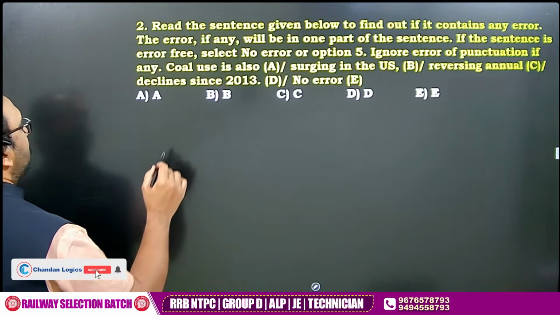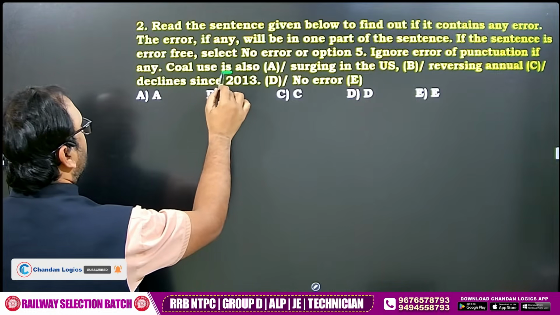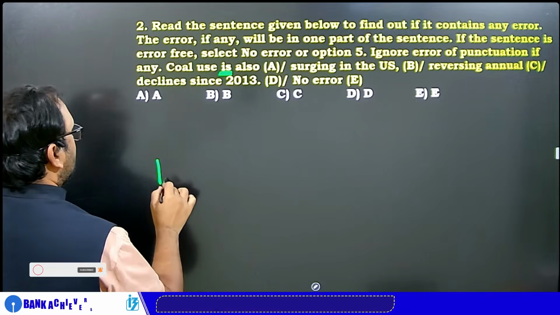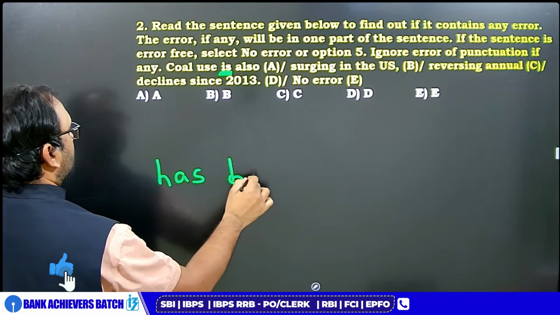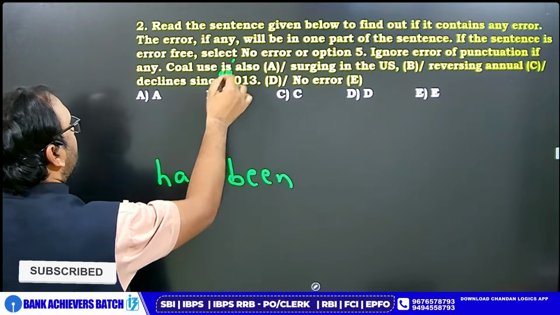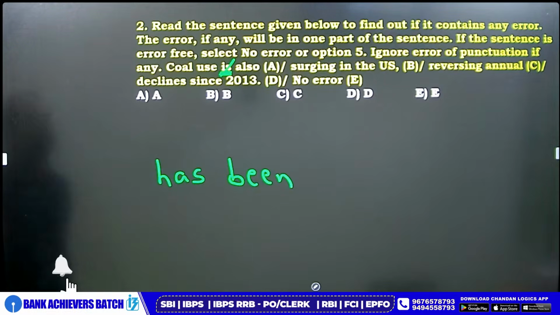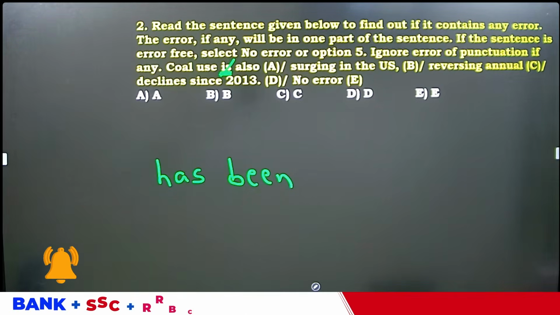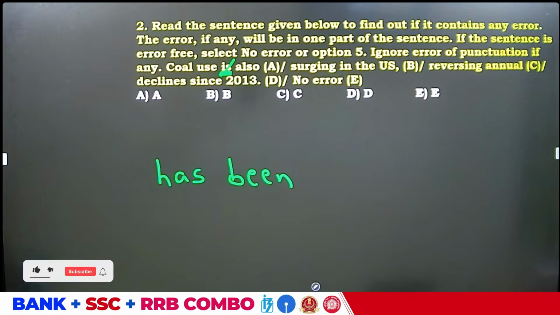So in present perfect continuous, you can't use is, you better say has been. Coal use has been also surging in the US, reversing annual declines since 2013.